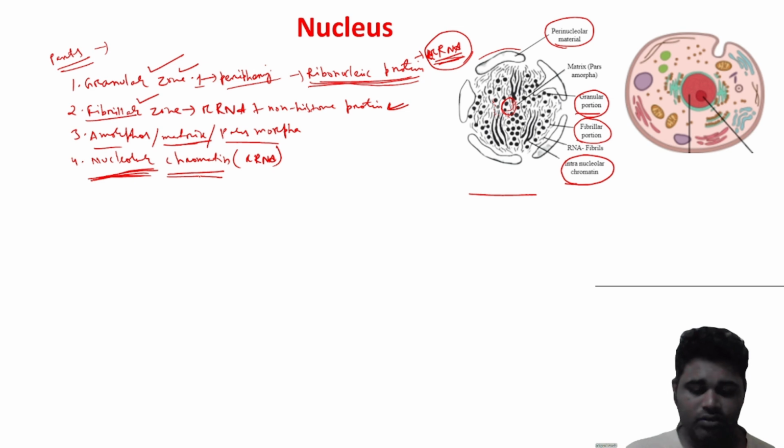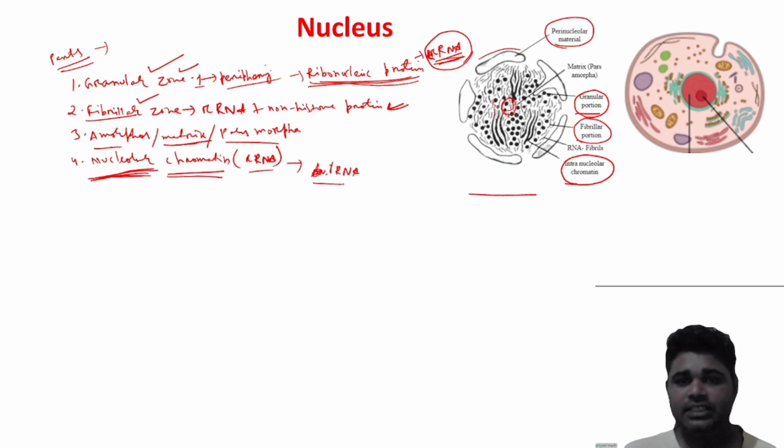So the nucleolar chromatin means here the rRNA or tRNA. These rRNA and tRNA are mainly present in the nucleolar chromatin along with some DNA structure.